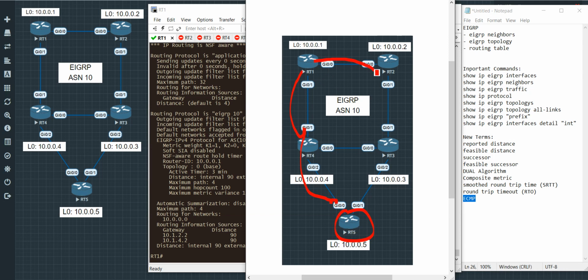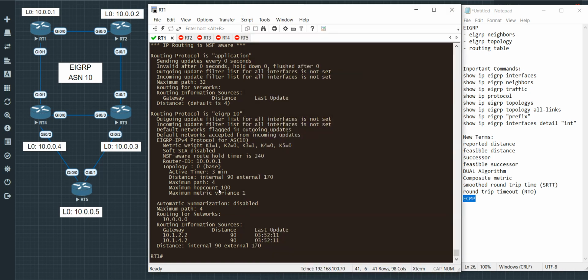This direction is 1 hop, 2 hops, and then 3 hops. So it keeps track of how many hops it takes to get to the destination. And so by default, EIGRP has the value set to 100. So anything that's more than 100 hops, it is just going to discard. And this is not necessarily the max that EIGRP will support. It's just the default value that it's set to. By default it can support up to 224.